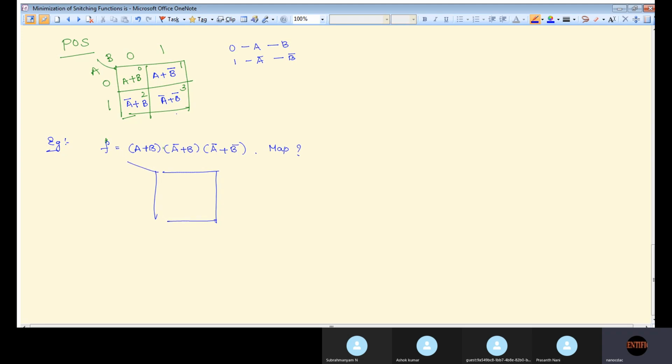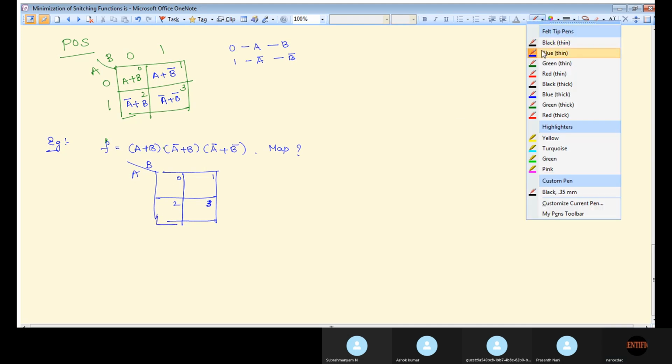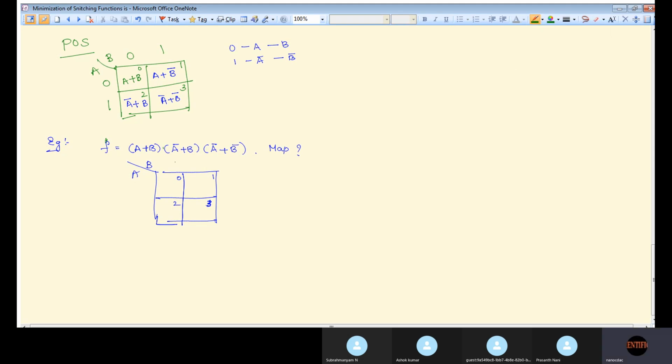Simply, I have given it to you above. So A and B, so cell 0, cell 1, cell 2 and cell 3. Now you tell me which blocks are filled.